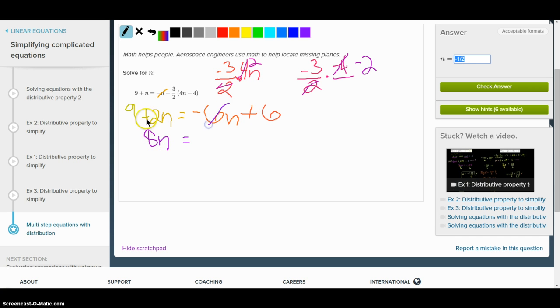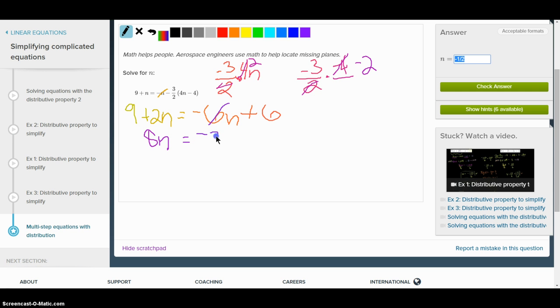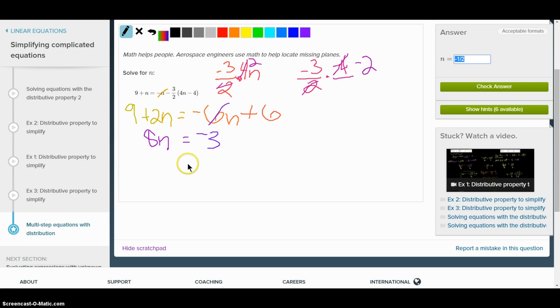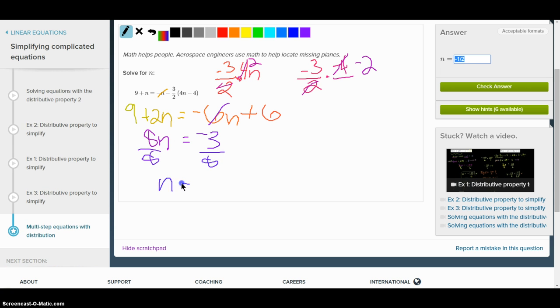So this disappears, and we're going to subtract 9 from both sides. 6 minus 9 is negative 3. And then to get the n by itself, we're going to divide both sides by 8. So n equals negative 3 over 8.